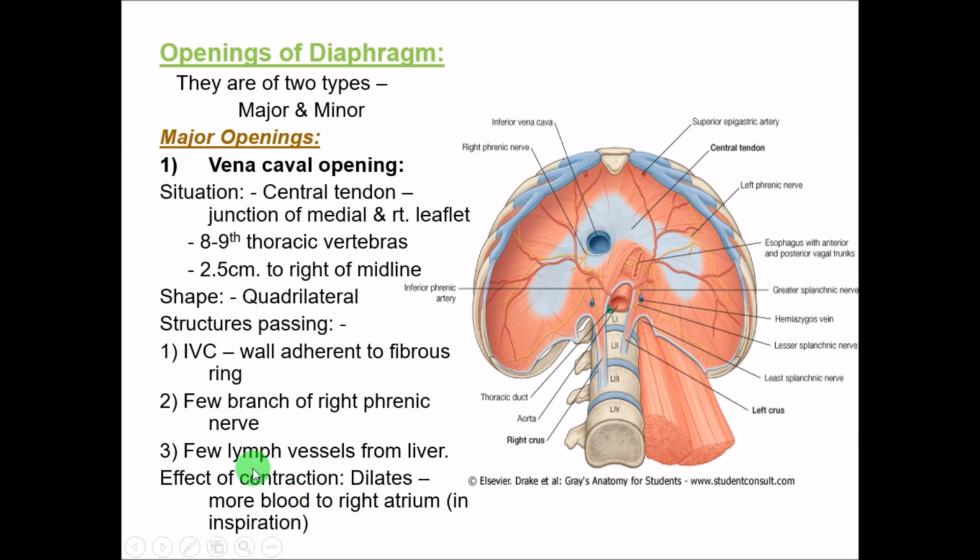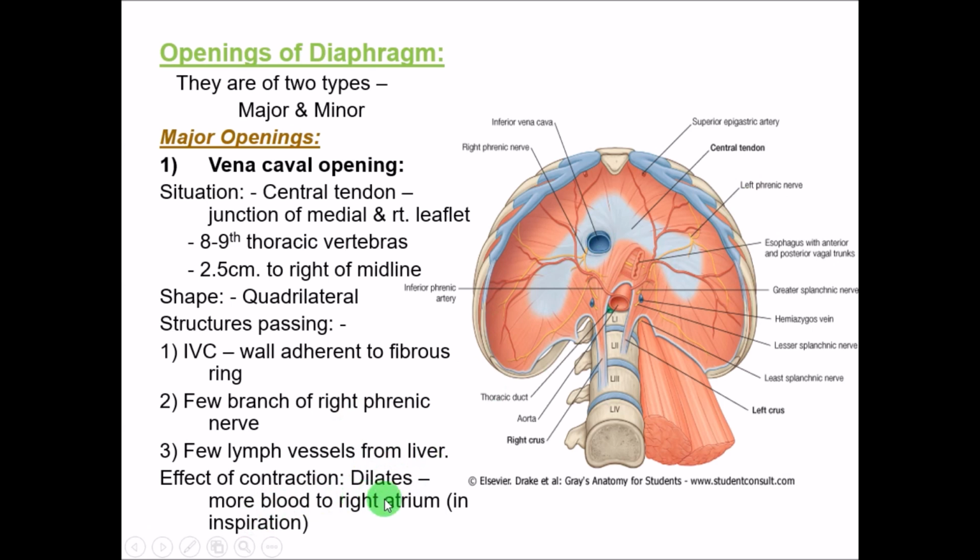What are the effects of this contraction? If the central tendon contracts and the diaphragm contracts during respiration, as you know, it is a very important muscle of respiration. So whenever it moves, what happens exactly to the vena cava? The effect of contraction is that it dilates and more blood flows to the right atrium.